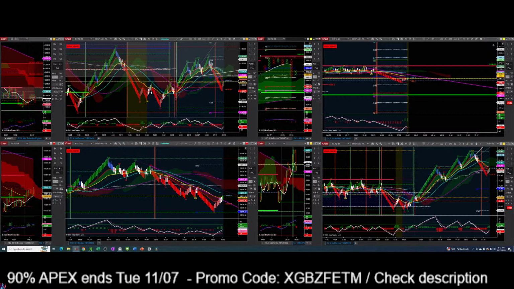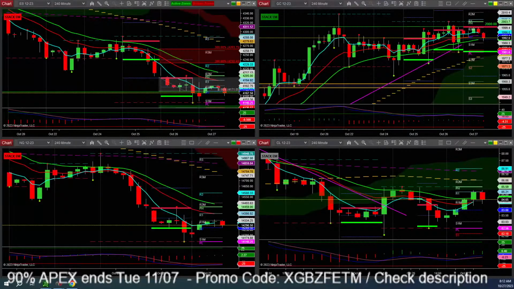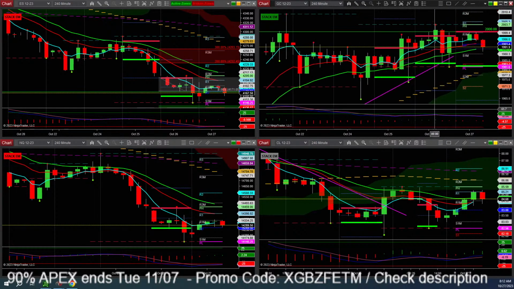So one of my screens is the 240-minute chart. Let me show it to you. So gold here is moving sideways, basically. There's a resistance up here at the previous high, and there is a support here at the previous low, and we are moving inside this box here, retracing.